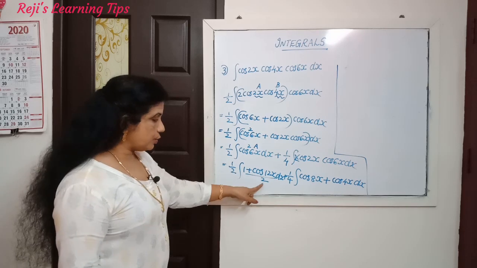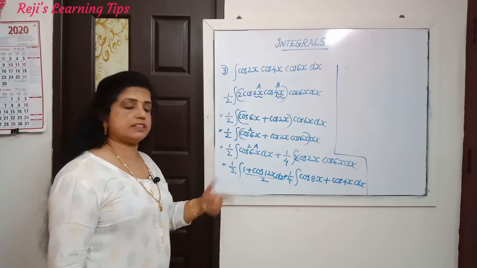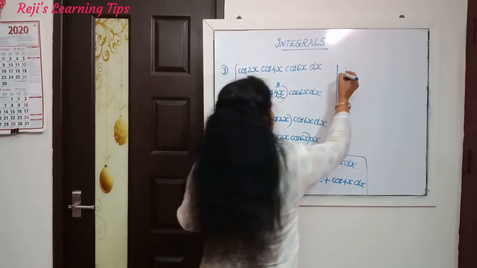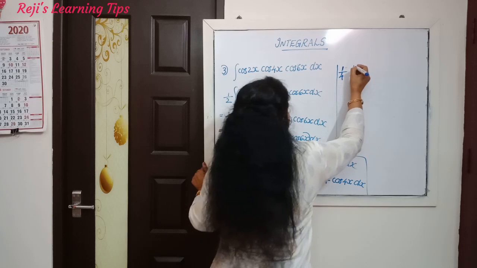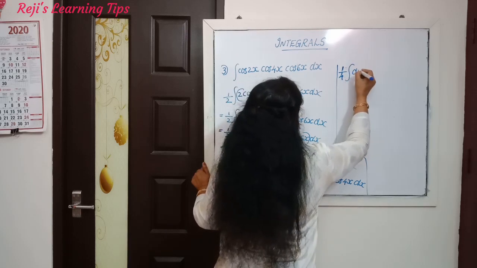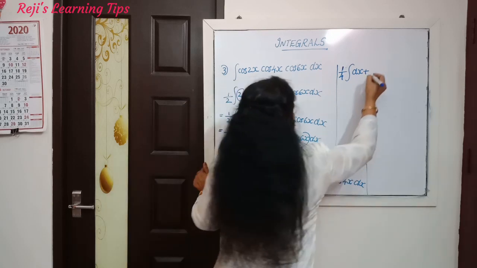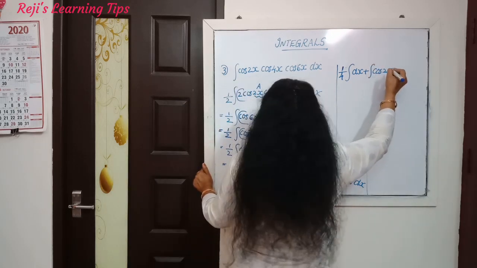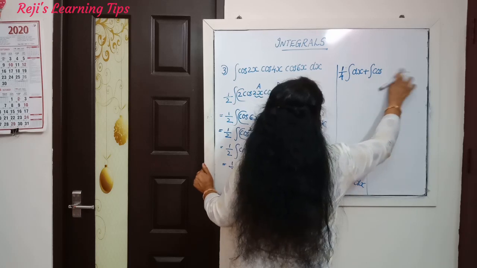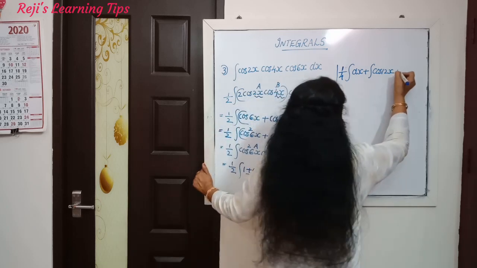This 1 by 2 into 2 is 1 by 4. We should take this 2 outside. Then we can write 1 by 4 into the integral of dx plus the integral of cos 12x, not cos 12x, cos 2x, dx.